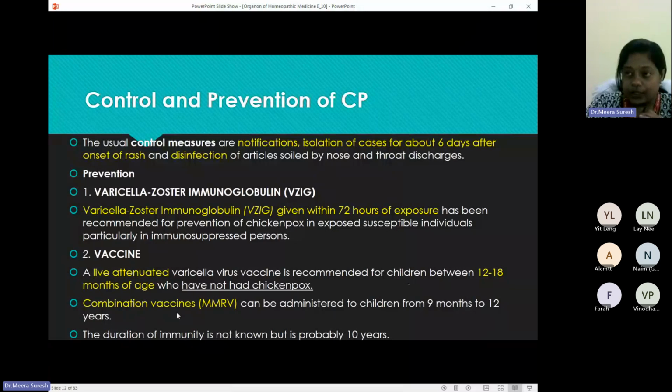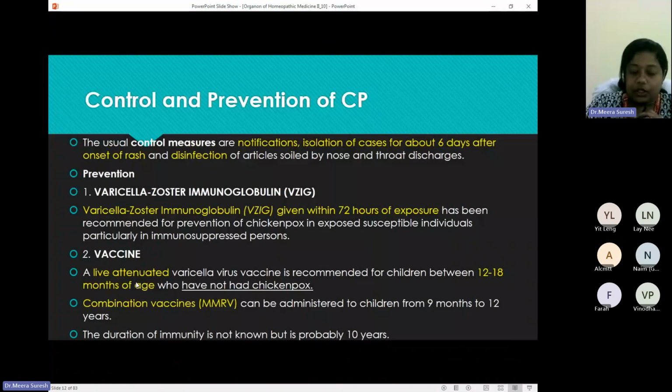There are also combination vaccines, because we can give it in combination with the MMR vaccine. MMR vaccine is for measles, mumps, and rubella. So we can combine that vaccine, and it can be administered between 9 months to 12 years of age. However, this is not coming under the national immunization schedule.